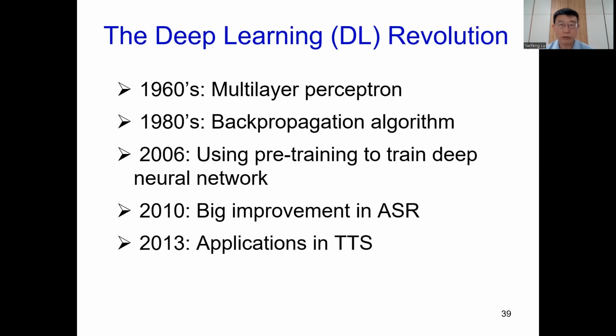The earliest neural network came out in the 1960s in the form of the multi-layer perceptron. And then in the 1980s, the backpropagation algorithm was invented. At that time, people could only train very shallow networks.